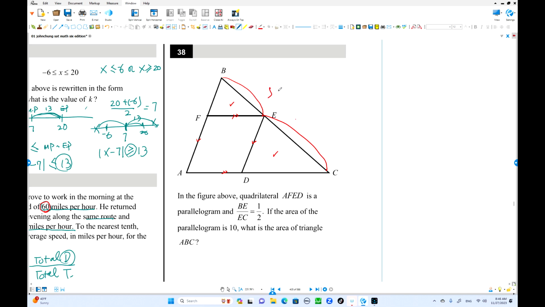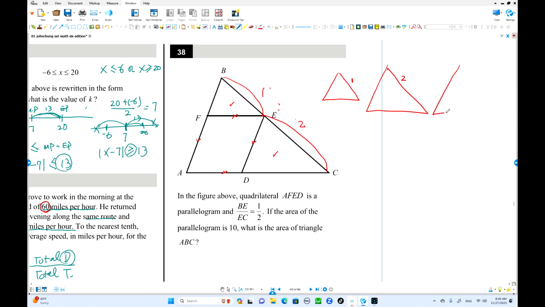This is 1 to 2. I'm going to use the ratio of similar triangles. This is BFE, the small one, and it is corresponding, right? The unit of ratio is 1. The next is EDC, the middle one. This one is 2.